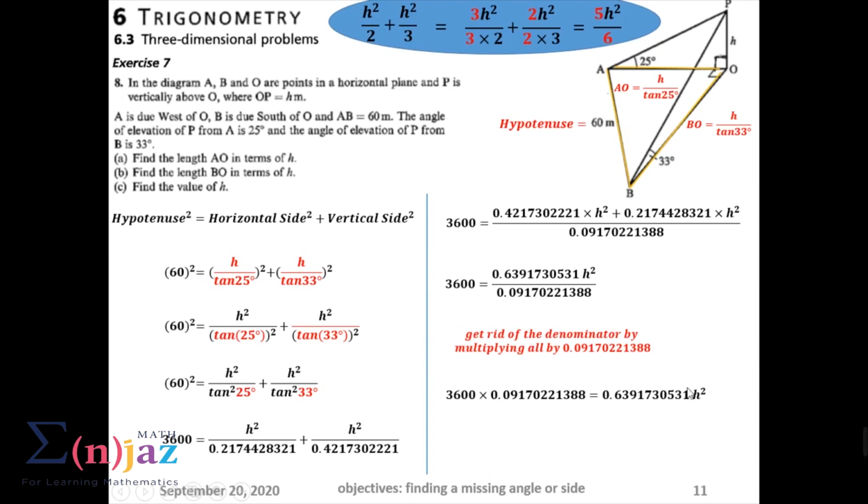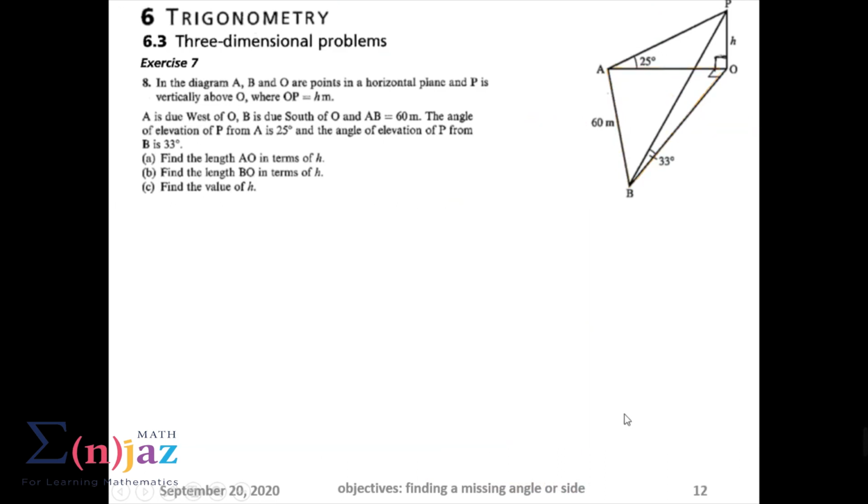Now, we're going to get rid of the coefficient of h squared. We're solving for h squared. So we're going to get rid of the coefficient by dividing all by 0.639, by dividing all by the coefficient.